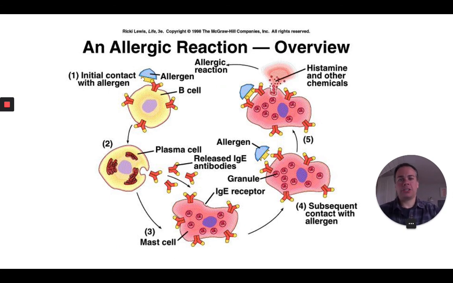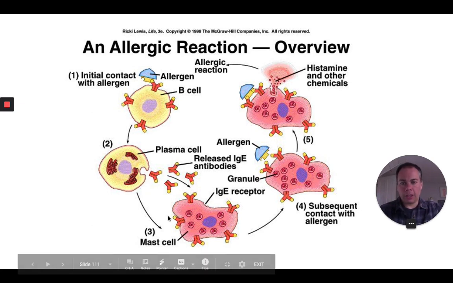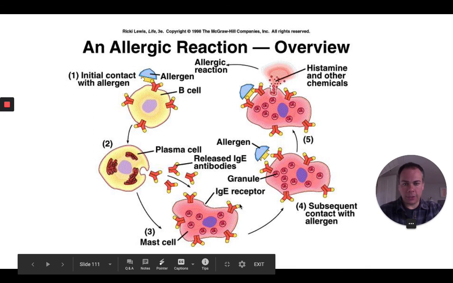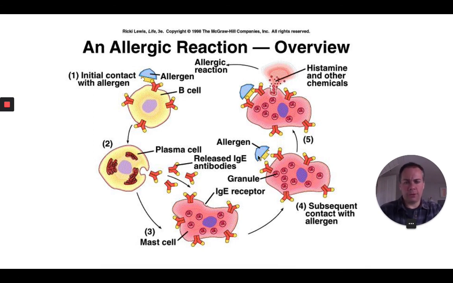So again, here you see a model of this where you have a person exposed to an allergen, B cells from the immune system recognize that, and then for some reason react, and they develop these mast cells, which when exposed to that antigen in the future, release the products of the immune response, such as histamines, which leads to those symptoms.